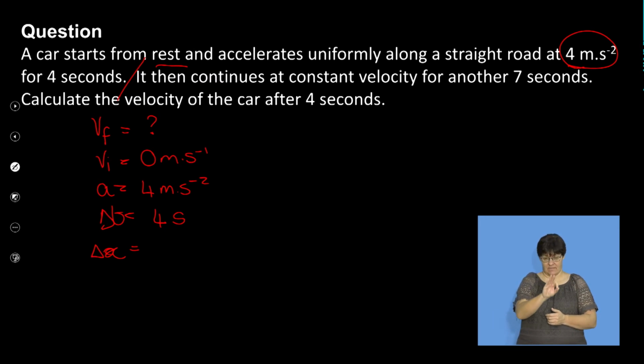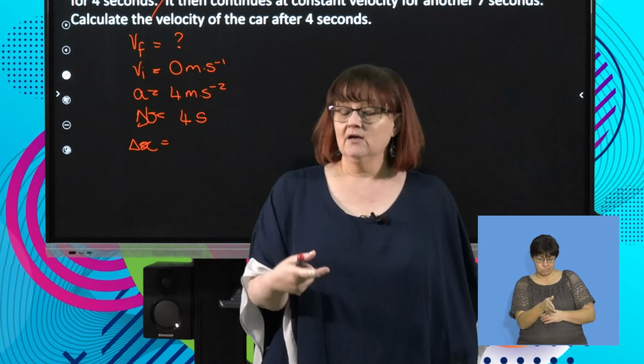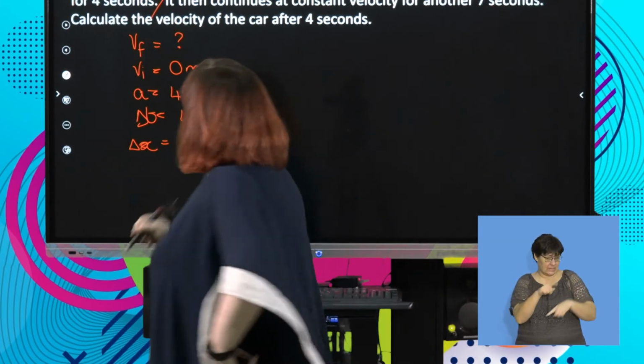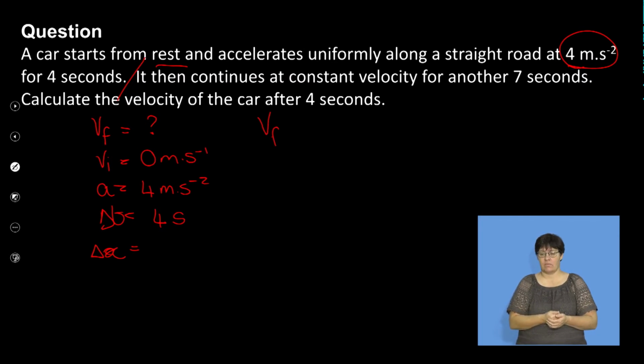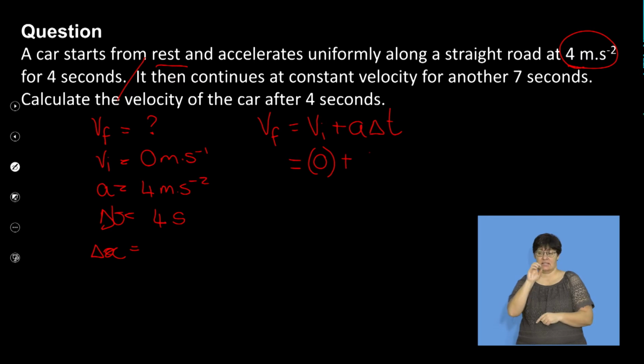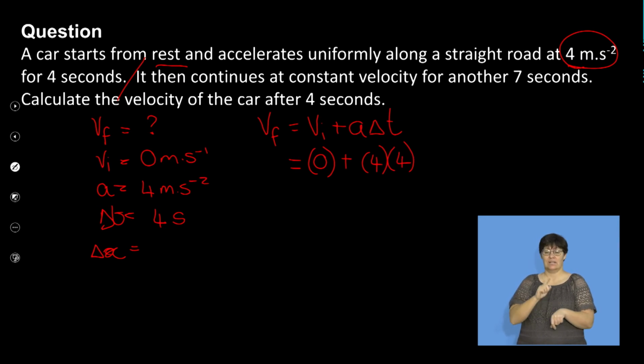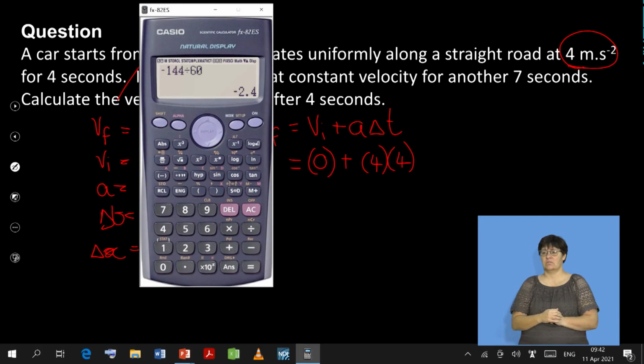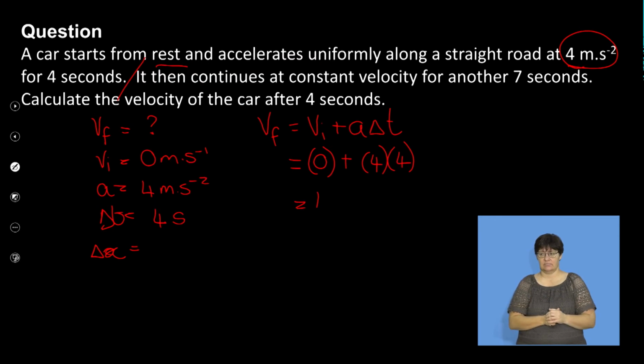I'm going to choose the equation that doesn't have x in it, because I don't know delta x. Therefore, Vf equals Vi plus a delta t. Vi was 0, a is 4, time is 4. So we take out our trusty calculators, and we get 16. So it's 16 meters per second, and I'm just going to say forward.